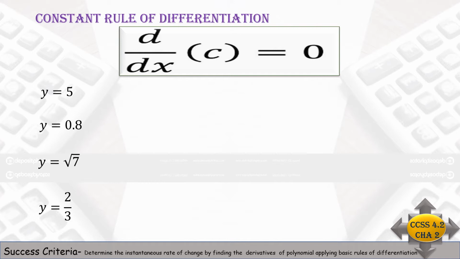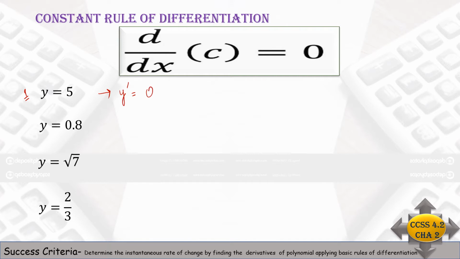Now the first formula for derivatives is the constant formula. That means d by dx of a constant, any number, is equal to 0. If the function is y equals 5, then y prime, the derivative of the function, is 0.